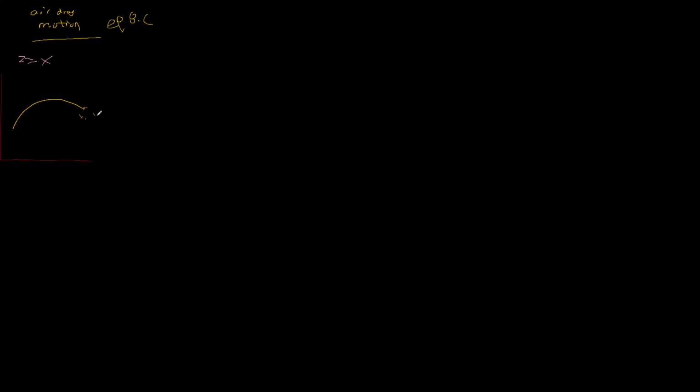So x1, y1, and this is t0, t1, x0, y0, and well, actually this bottom axis would not be time. It would be x, but we don't have to worry about that for now. I don't think it's that big of a deal.